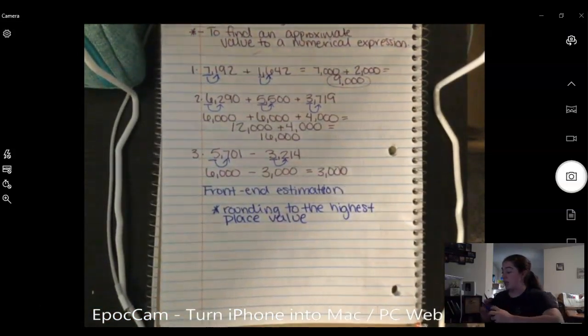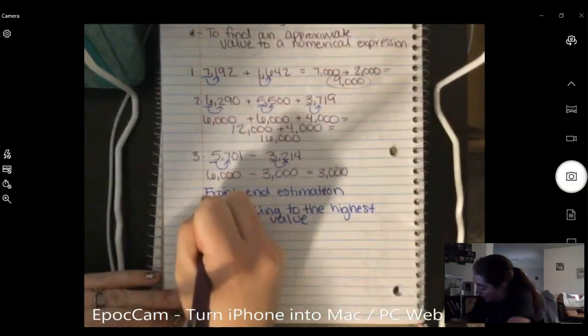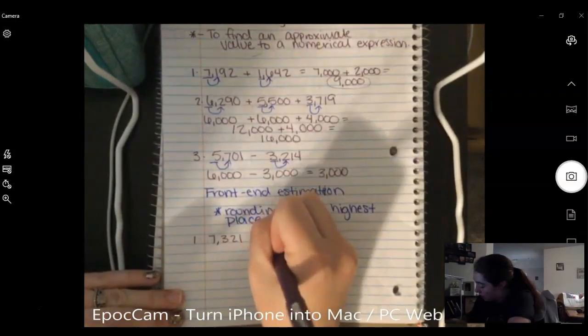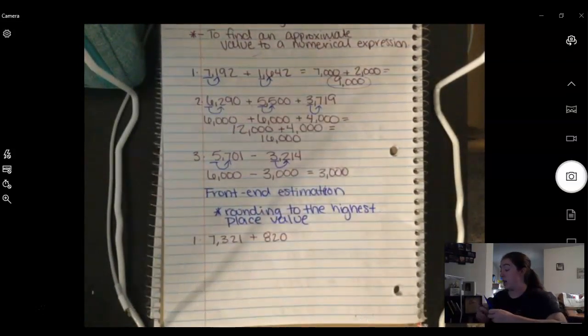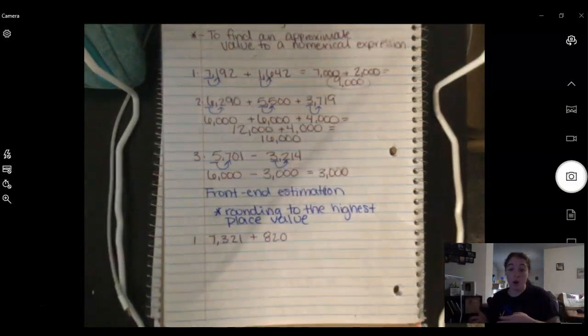So what this means is if I have a question that says 7,321 plus 820, and it doesn't tell me what place value to round to, but it tells me that I need to estimate. Well, estimating, you have to round before you can solve.